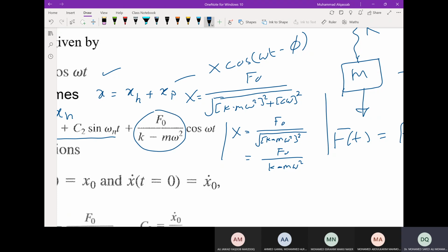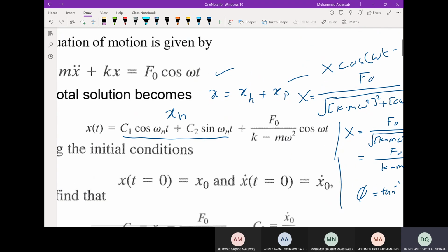So this is X. The phase is phi equal to tan inverse of c omega over k minus m omega squared. So for c equal to 0, this is tan inverse of 0, which is 0. And this is why it is only cosine omega t.